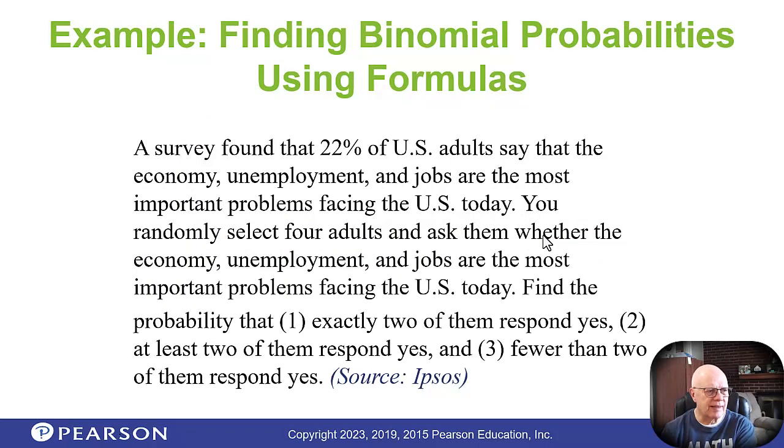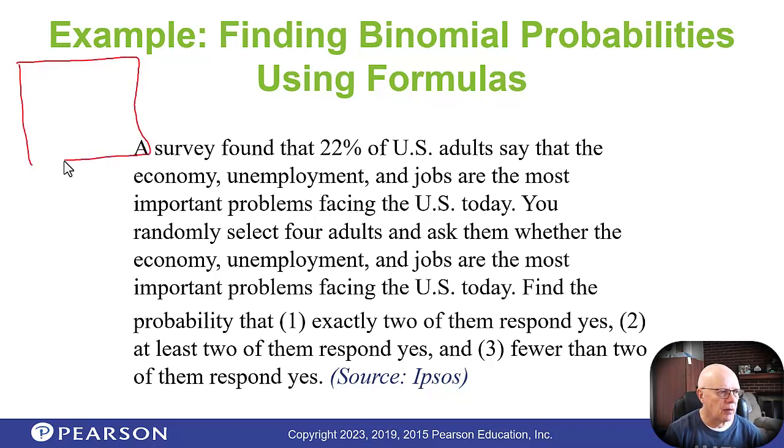Let's try this on another one. So this survey found that 22% say that economy, unemployment, and jobs are the most important problems facing the U.S. today. So I'm going to start with my box. 22% represents the probability, so I'm going to put that down in my box so I can see it easily.